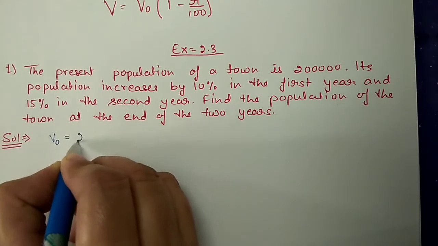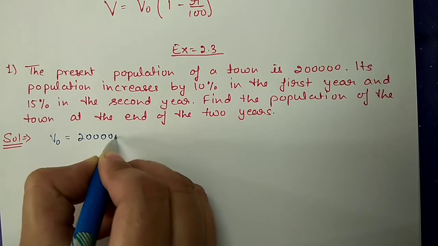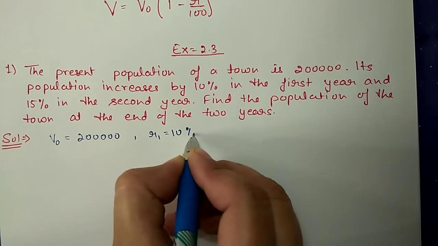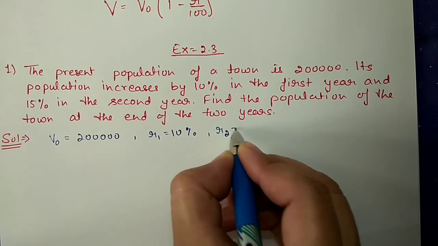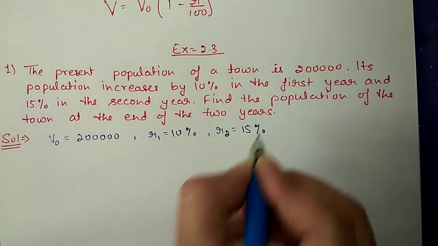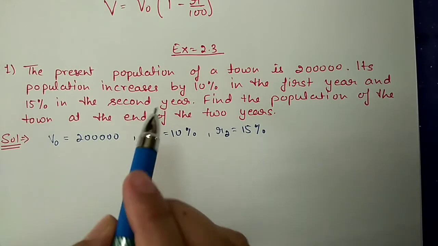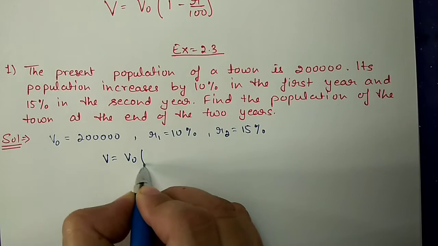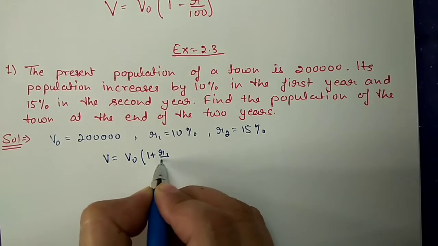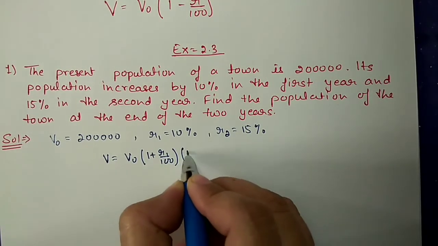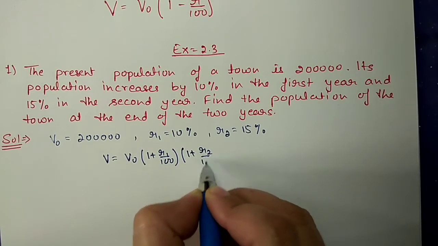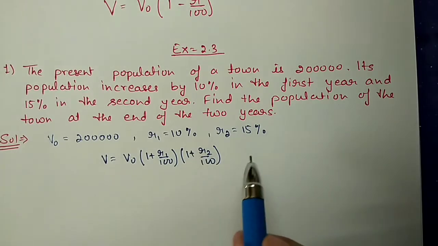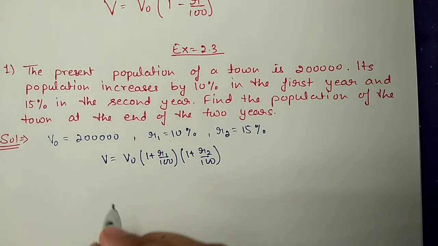Rate of interest for the first year is given as 10%, and for the second year 15%. Because there is an increase, we will use the growth formula. V is equal to V naught times 1 plus R1 by 100 times 1 plus R2 by 100. Because we have 2 years of growth, first year and second year, and both years have different rates of interest, we will use this formula.